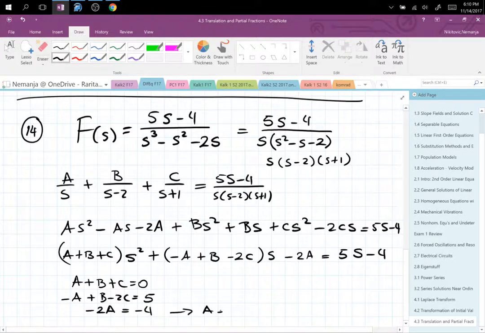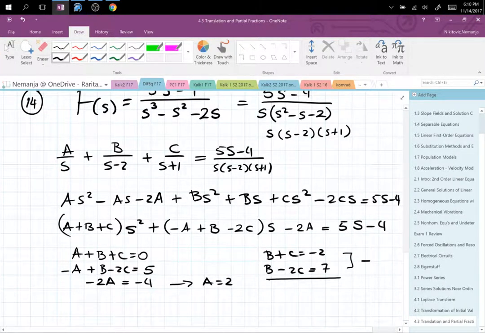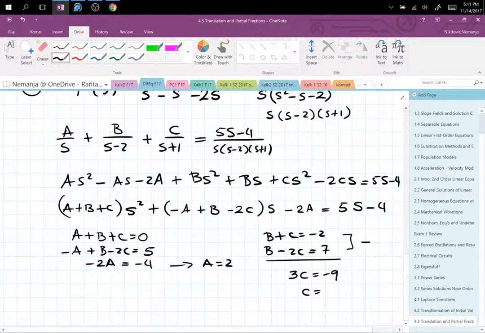From there we have A is 2. We immediately plug A equals 2 into both of the other equations. We get B plus C equals negative 2, and B minus 2C equals 7. If we subtract equations, B minus B is gone, then we get 3C equals negative 9, C equals negative 3, and if C is negative 3, B must be 1.